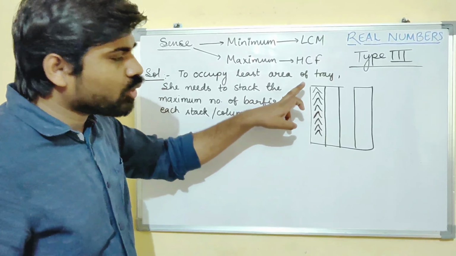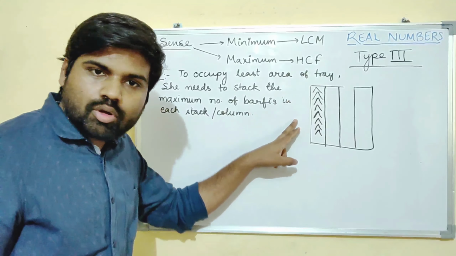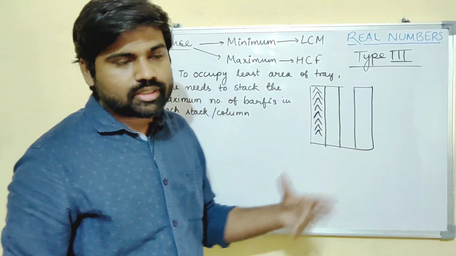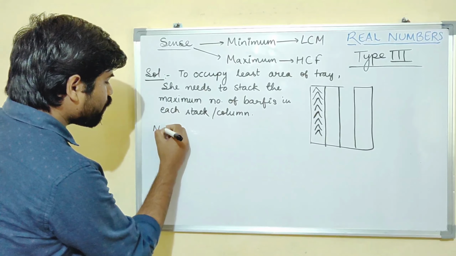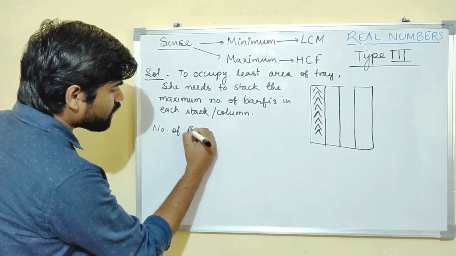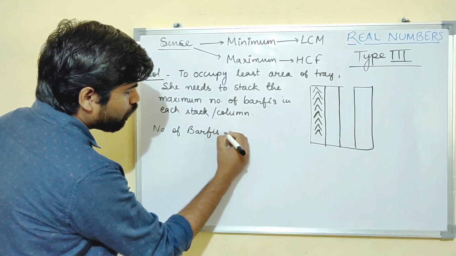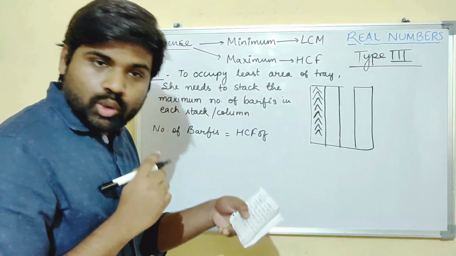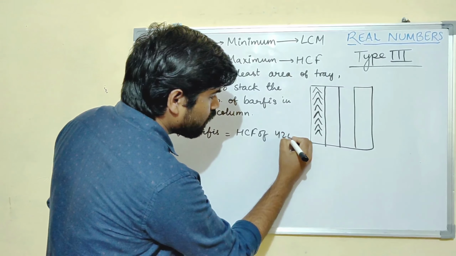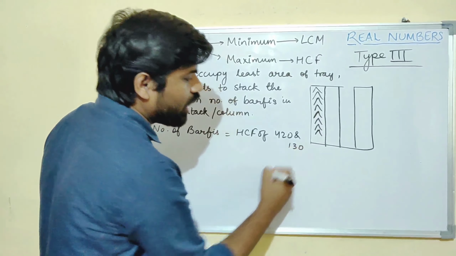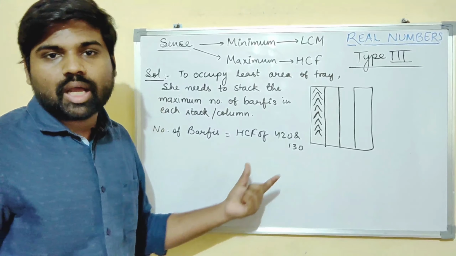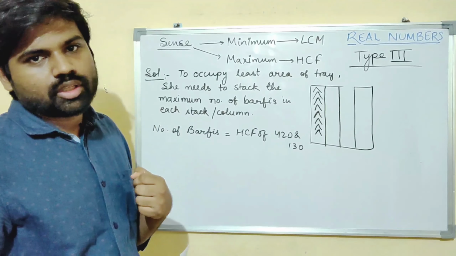If she is able to stack the maximum number of burfis in each column, then the area will be least. That means the number of burfis equals the HCF of 420 and 130. Now we will find the HCF of 420 and 130 by Euclid's division algorithm.